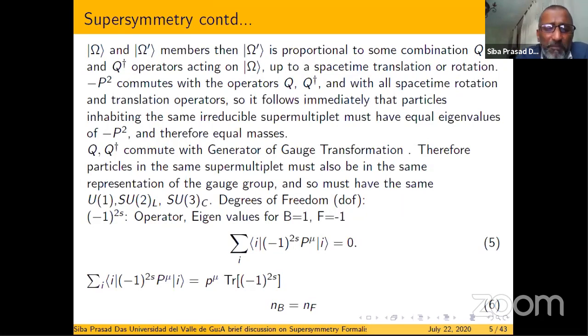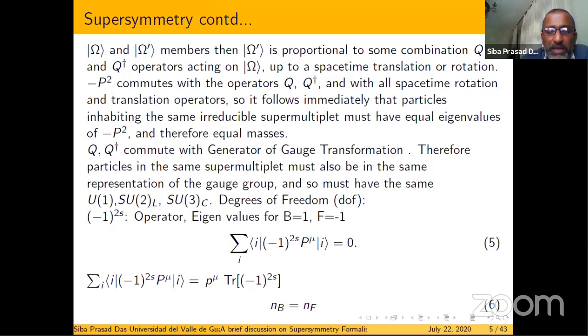Now there is another operator, (-1)^{2s}, which is called the bosonic operator. Whatever you take, whether it is a fermion or a boson, (-1)^{2s} basically leads to a bosonic operator. When it acts on some state i, it gives the eigenvalue: for the boson it is 1, and for the fermion it is -1. So now you make a complete set and you operate with the (-1)^{2s} operator, and you take the expectation value of p mu, which basically gives me 0, because p mu always commutes with everything.